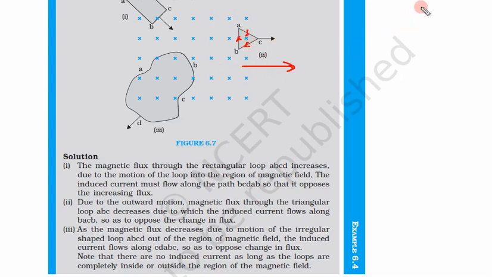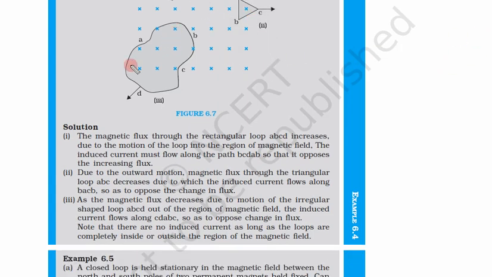Now in the third case, the irregular loop is also going out of the magnetic field. The magnetic flux is decreasing here as well, due to the motion of the irregular shaped loop ABCD out of the region.